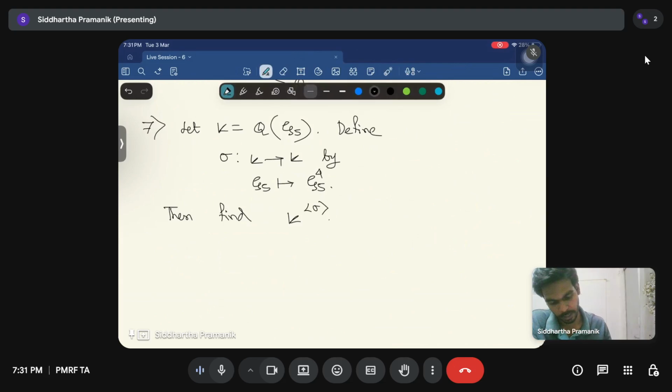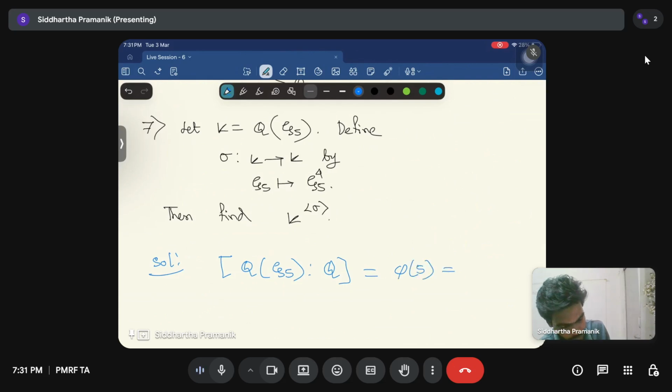So we have defined an automorphism, we have to find the fixed field, right? For this, you just observe that, so what is the degree? This is basically phi of 5. This is 4, right?